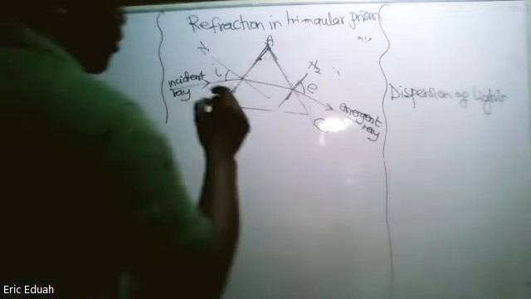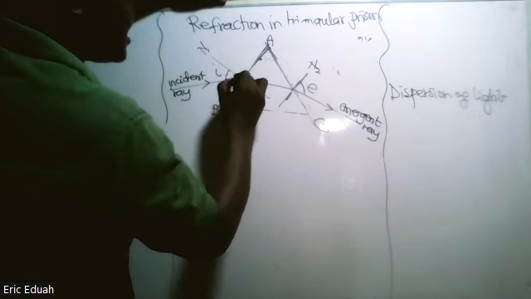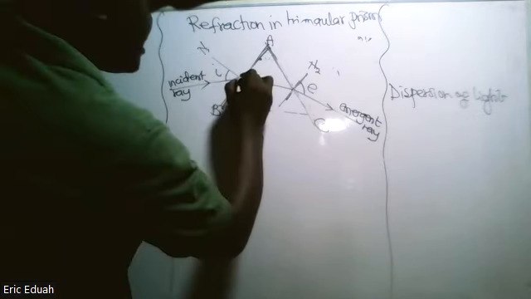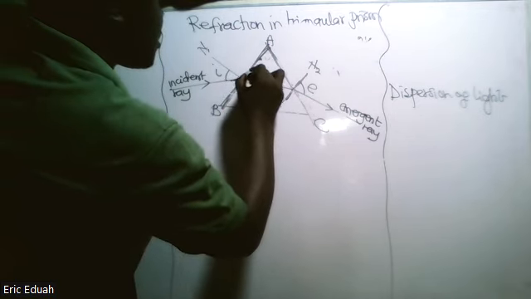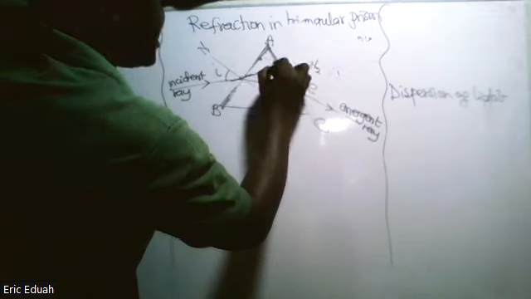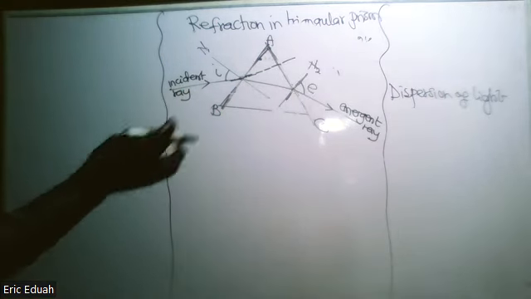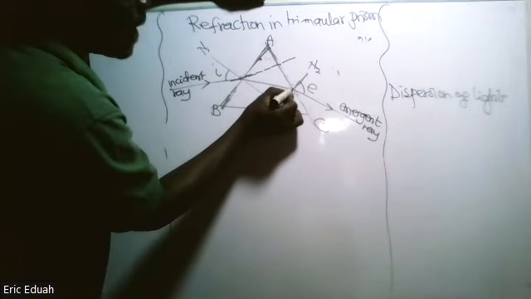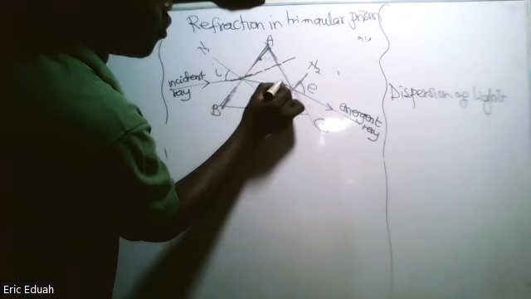Now, let me extend the part of the incident ray, the original part. Meaning, ideally, this is where it's supposed to go. Ideally, this must be the path, isn't it? Let's also extend this one. Ideally, this must be where it has to go.